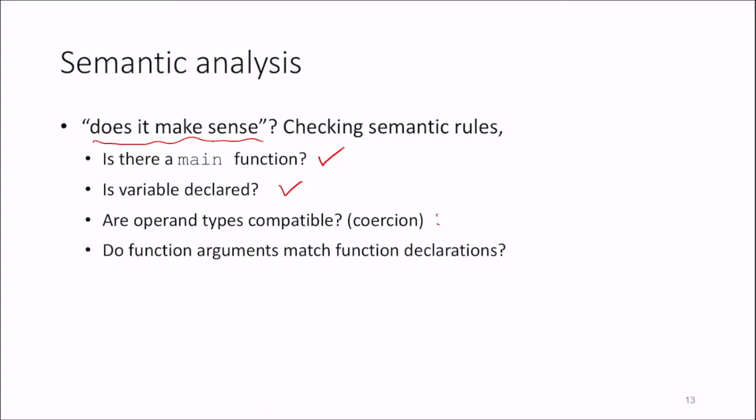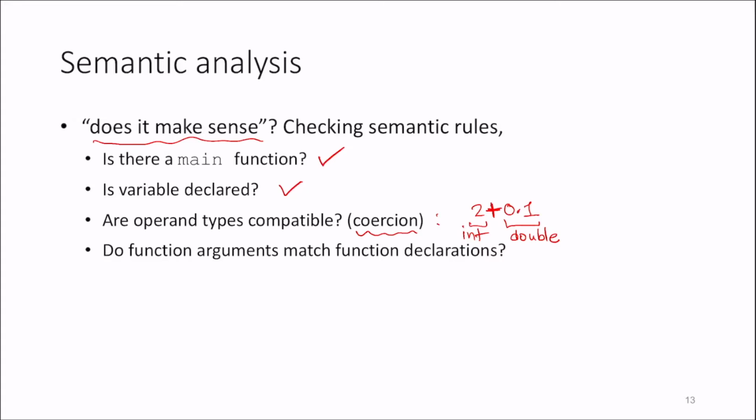For this one, let me use an example. Let's say you have an addition of two numbers, 2 plus 0.1. In a strongly typed language, 2 might be represented as an integer, whereas 0.1 is represented maybe as a double or a float. When you look at this addition operation, there are two different addition operations, one for integers and one for doubles. So the idea behind semantic analysis here is to figure out which addition I should use.